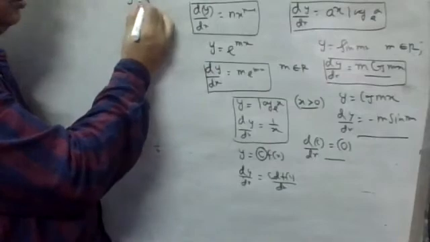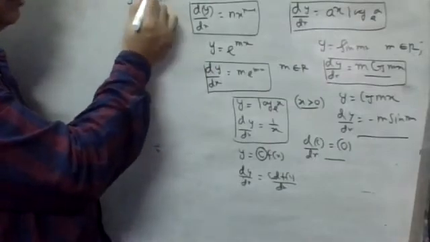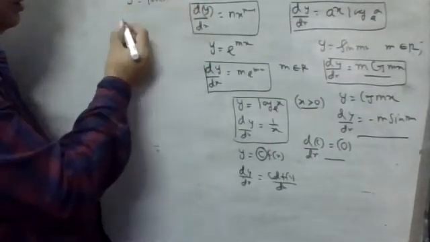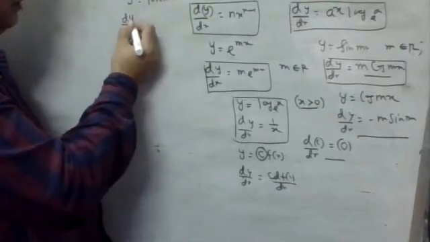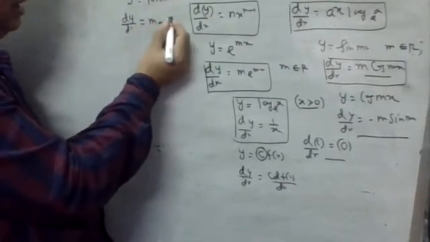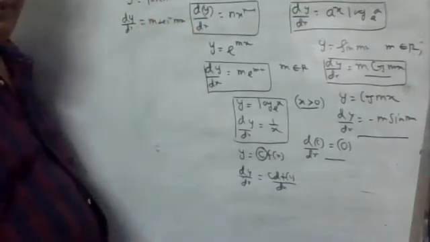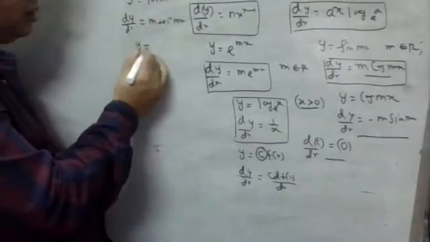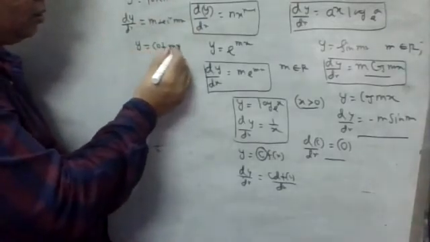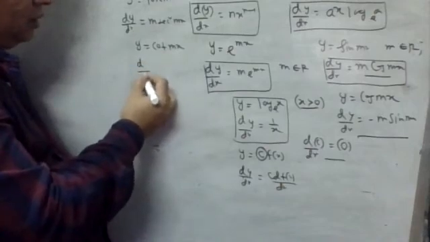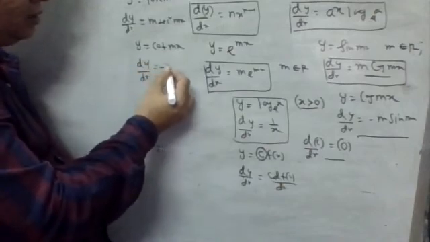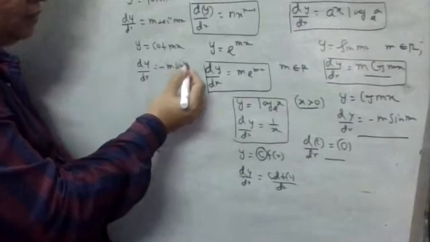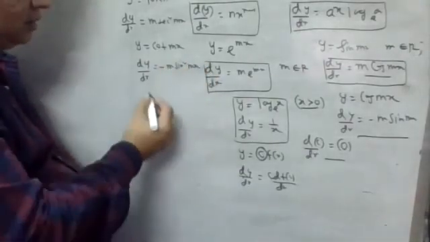Y is equal to tan mx, where m belongs to the real numbers: d/dx of y is m sec square mx. Y is equal to cot mx: d/dx of y is minus m cosec square mx.